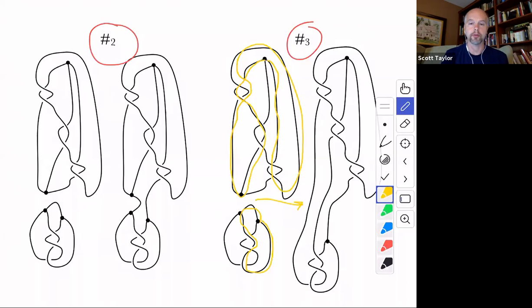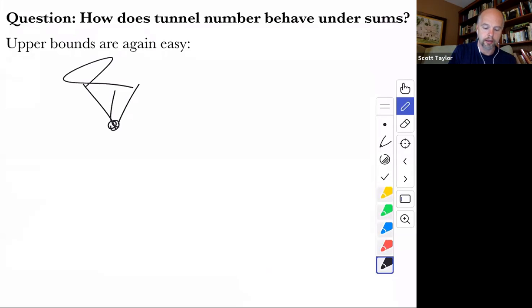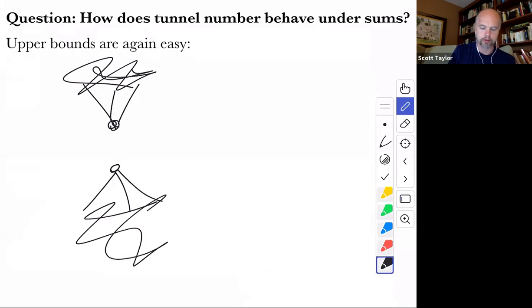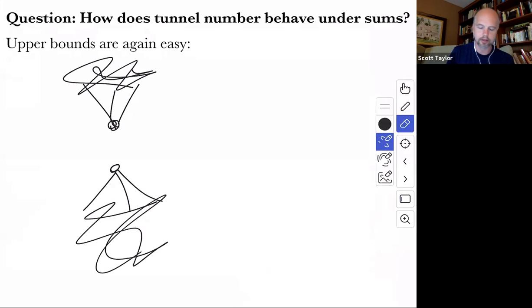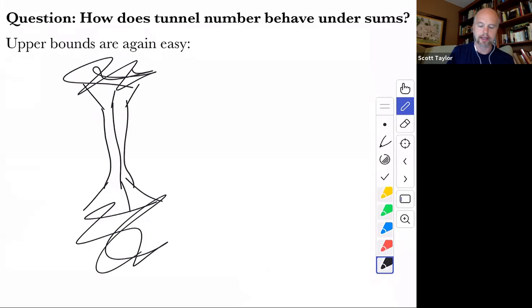Okay, well, what about tunnel number? Well, again, upper bounds are pretty easy. If we have our two theta curves and we put degree 3 vertices to each other, we delete the vertex, merge the edges together.